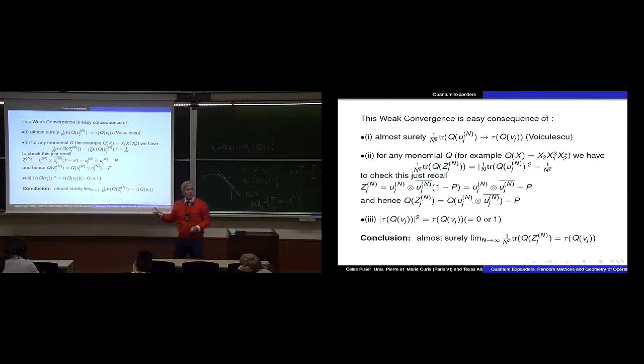If it's trivial, you get 1. If it's non-trivial, you get 0. And so the modulus squared, you don't care, it's the same thing. And this correction by P is a projection of rank 1. So when you take the trace in a space of large dimension, it's completely negligible. It disappears. And so that gives the result. We have this almost sure convergence to these.